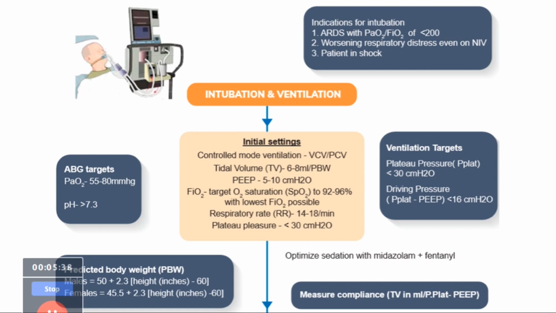It helps us ascertain if the PEEP we have set has been optimal. So driving pressure is simply calculated by plateau pressure minus PEEP. So if the patient's plateau pressure is 30 and you have set a PEEP of 5, then 30 minus 5 is 25. So that is a high driving pressure.